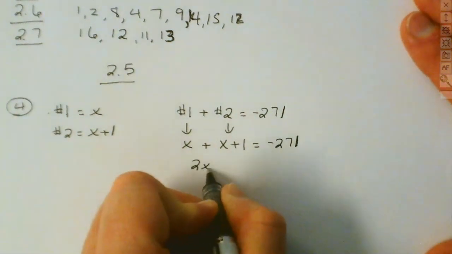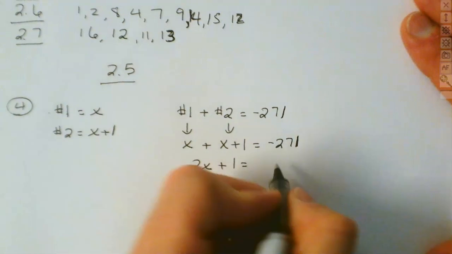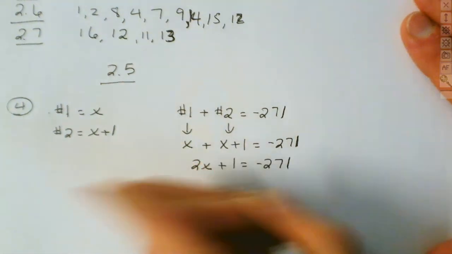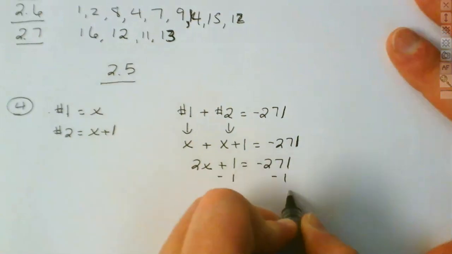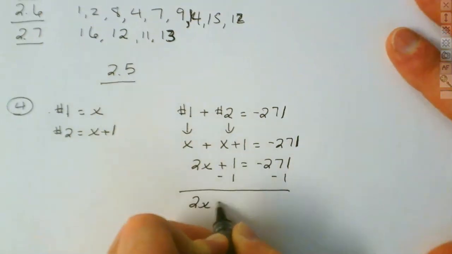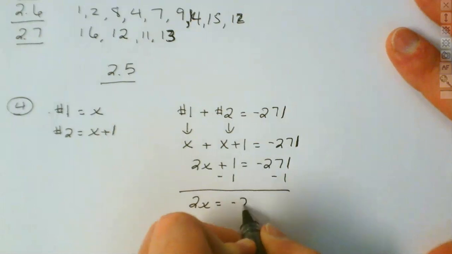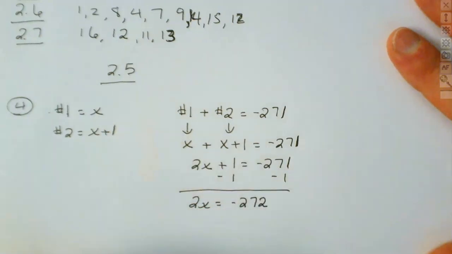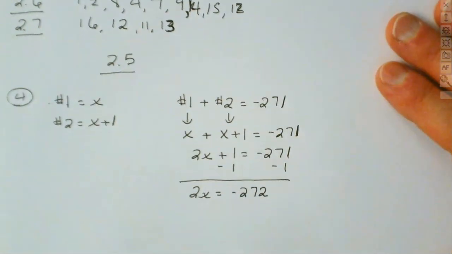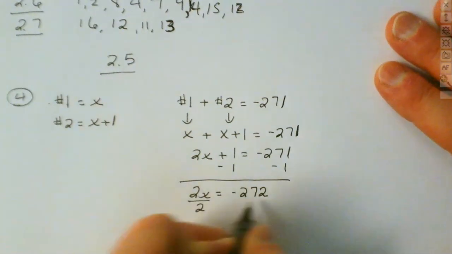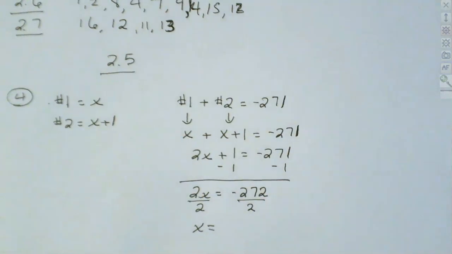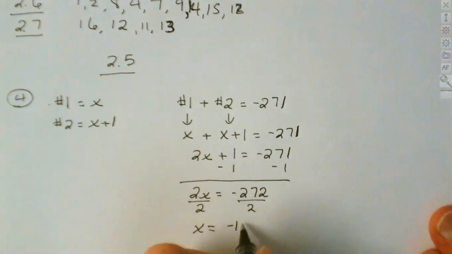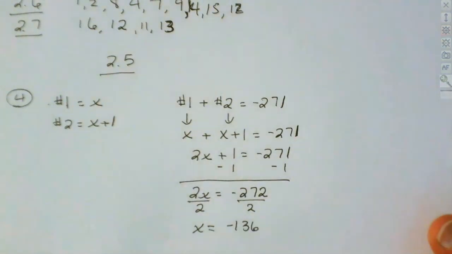So adding those together, that's 2x plus 1 equals a minus 271. Okay, we'll move that minus 1 over, and that gives you then a 2x equals now minus 272. We'll divide by our 2, and now we have x equaling, we got 272, divide that by 2, and that gives you a minus 136.